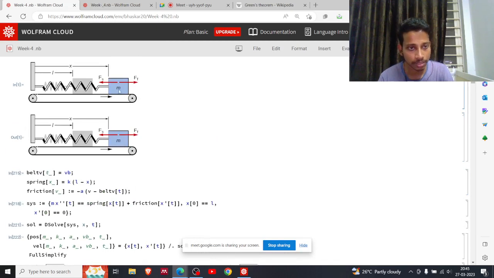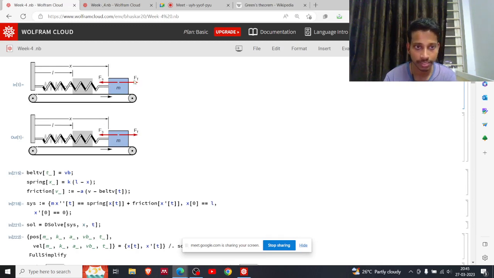Here this mass is exhibiting an oscillation, but what is different is that the mass is oscillating because of this conveyor belt. The conveyor belt is rotating and trying to move the mass in the right direction, and the spring is pulling the mass to the left.